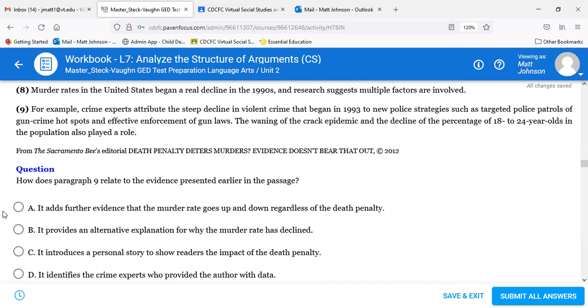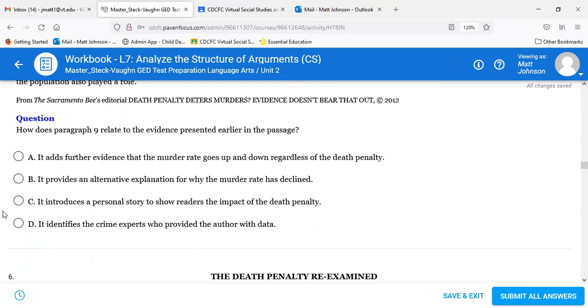Etta, would you like to read number 5? Okay. Let's get to it. How does paragraph 9 relate to the evidence presented earlier in the passage?